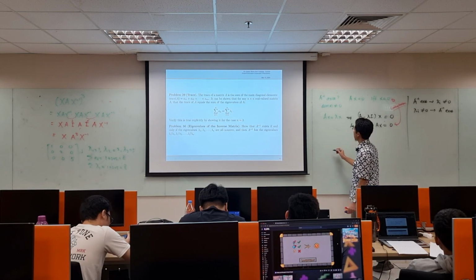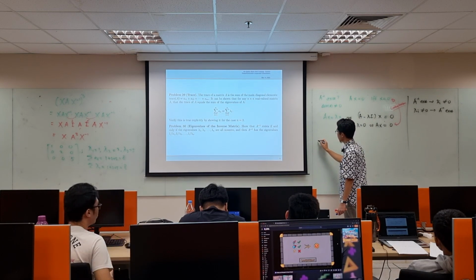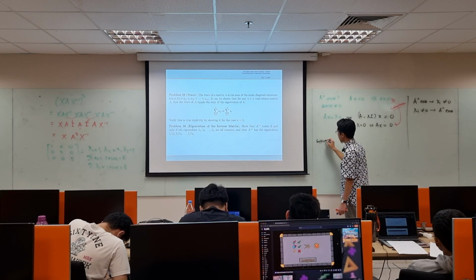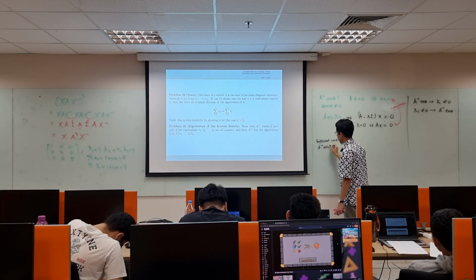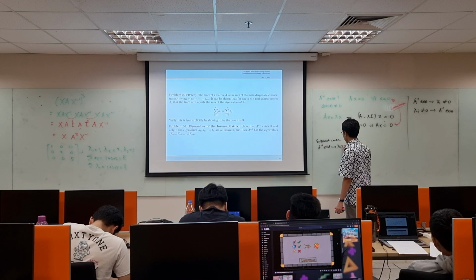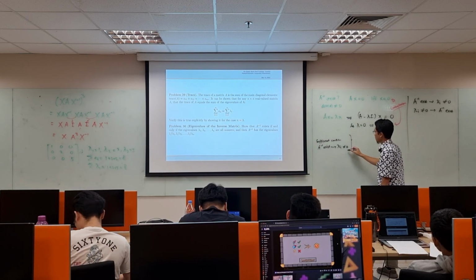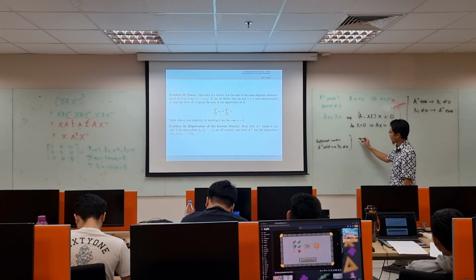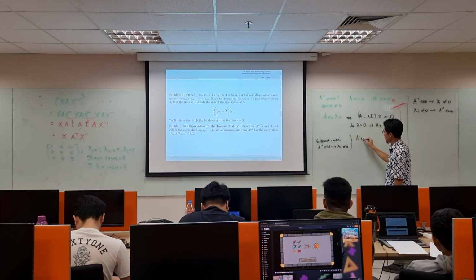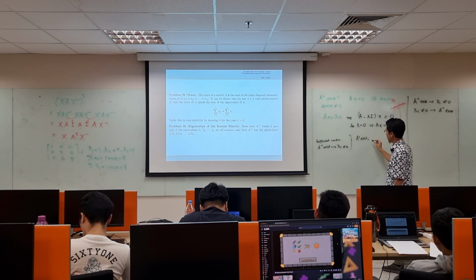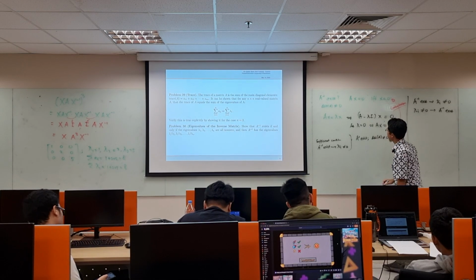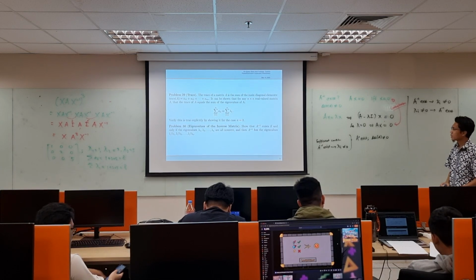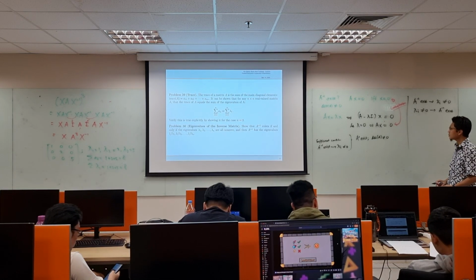Okay, now the sufficient condition. A inverse exists, we reach that lambda I cannot be 0. Okay, so when A inverse exists, it means determinant A is non-zero.